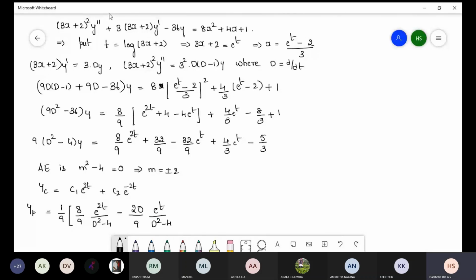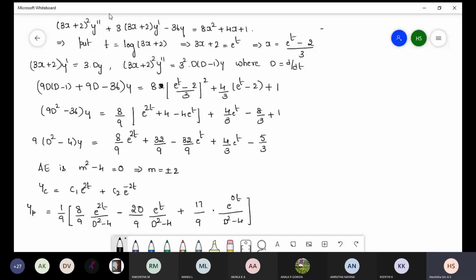Next, here also the LCM is 9. 32 − 15, which is 17. Yes, here it will become 17. Here nothing is there, so we can write e^(0t)/(D² − 4).